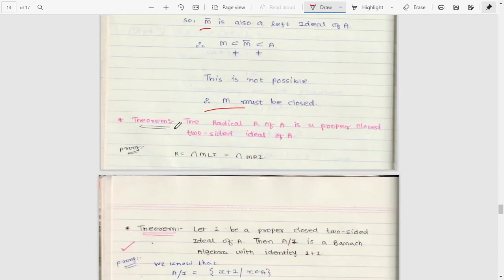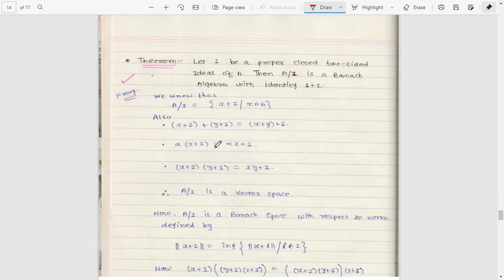Next theorem. The radical R of A is a proper closed two-sided ideal of A. R is equal to intersection of maximal left ideals, which is equal to intersection of maximal right ideals. Next theorem.